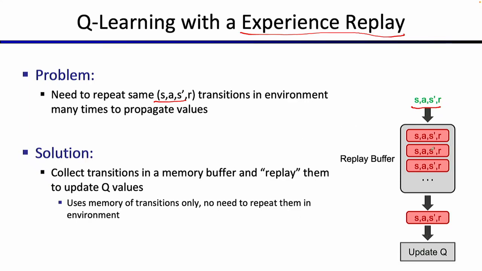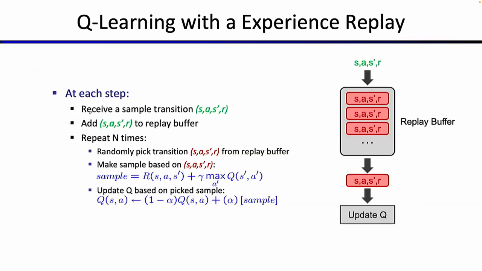Then, at your own pace, you take one of the transitions randomly from the replay buffer and use that for a Q-learning update. So we would receive some sample transition, S prime, from the environment as before. This is what we get from the environment. And then instead of acting on it, we add this to the replay buffer. So we just store it here.